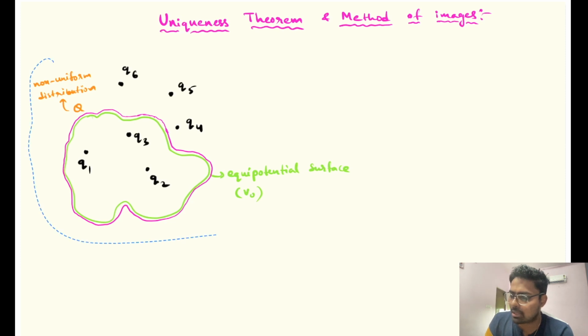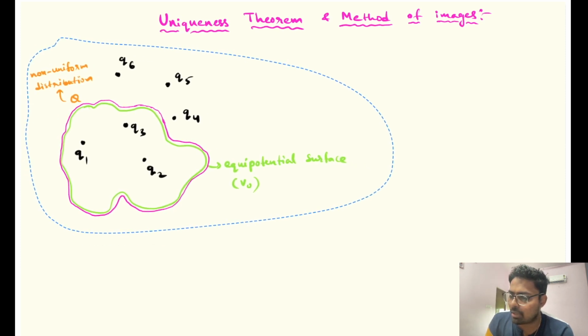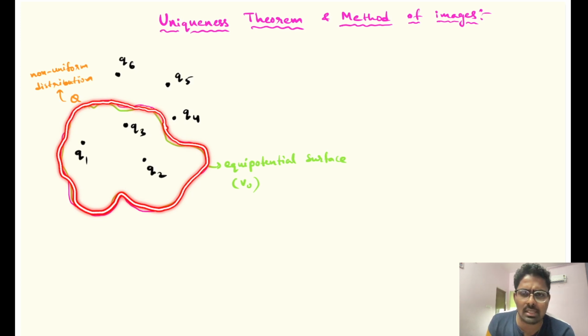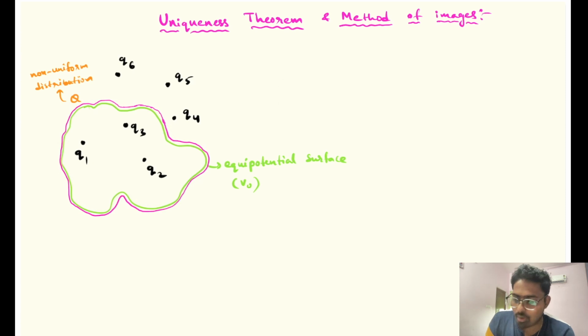Now let us try to find the value of q. So how to find this q? Let's say this is the conductor body. If I consider a Gaussian surface over here, inside a conductor body the electric field is 0.